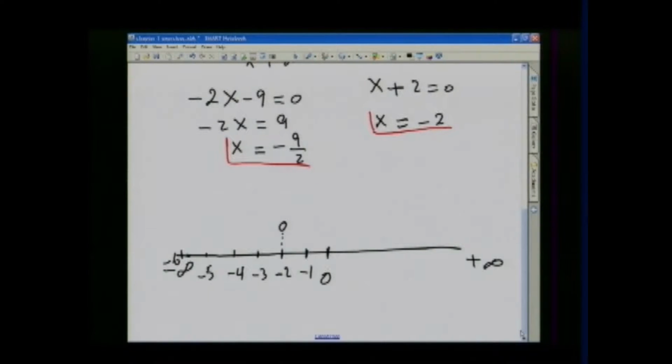For x greater than minus 2, the denominator would be positive, so we put positive to the right-hand side. For x value less than minus 2, the denominator would be negative, so put negative.